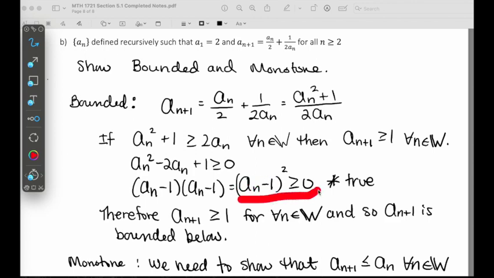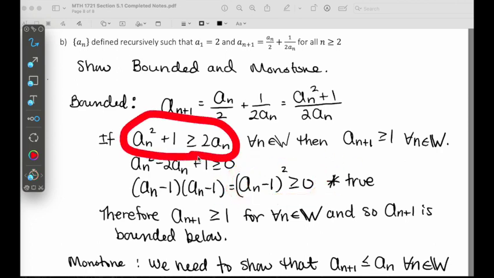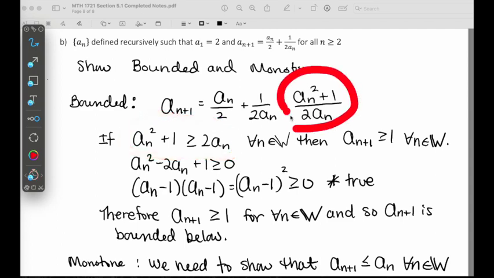So this is always greater than or equal to 0. This is a true statement, which means this is always greater than or equal to 1. So therefore, since the sequence is always greater than or equal to 1 for all the whole numbers for n, the sequence is bounded below by 1. So it's always going to be above 1, which means it's never going to go below 1.